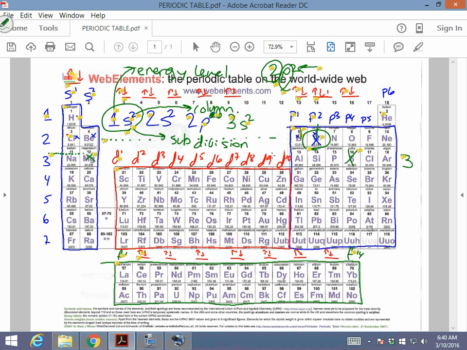It's going to be the P block, and if I count carefully, 1, 2, 3, 4, and a little 4 here on top of the P. What that simply means is that I have 1s2, 2s2, 2p6, 3s2 is filled up, and then I go across the third energy level of the P, 1, 2, 3, 4. Okay, this 3 represents the major energy level. This represents the subdivision, and the 4 represents the column. This is the column of the subdivision.